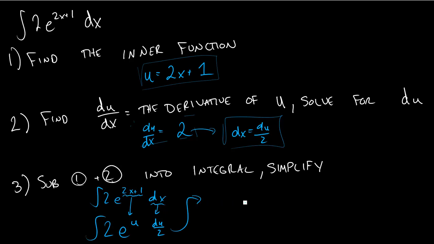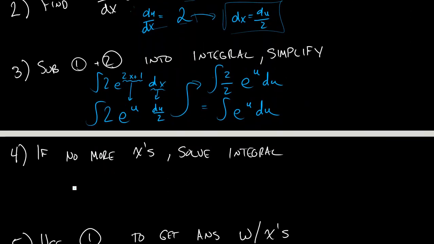And now I want to simplify this, so I'll have the integral of 2 over 2 e to the u du, which is just equal to the integral of e to the u du. The whole reason I'm doing this is I start out with this integral that I don't have the formula to solve, but now I have an integral that I have the exact formula for, right? The integral of e to the u du is just e to the u plus c.